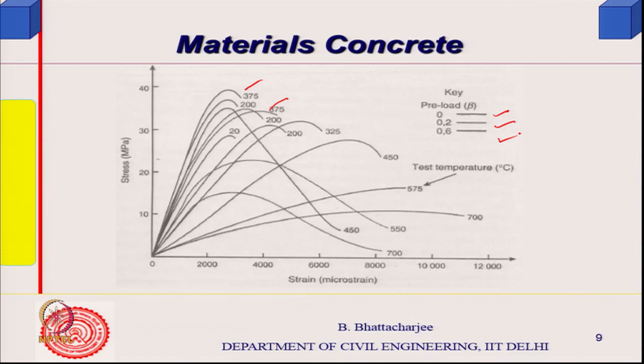So, this is preloaded to 20% possibly, this is no preload, because that is what we said, stress comes down, and this might be 60% of the strength you have gone, which means that you have already done some micro cracking.